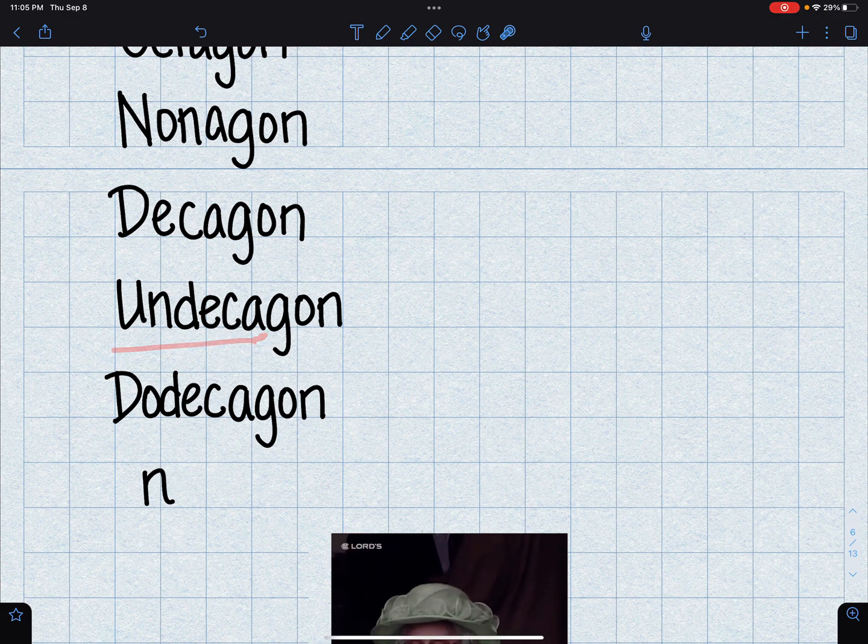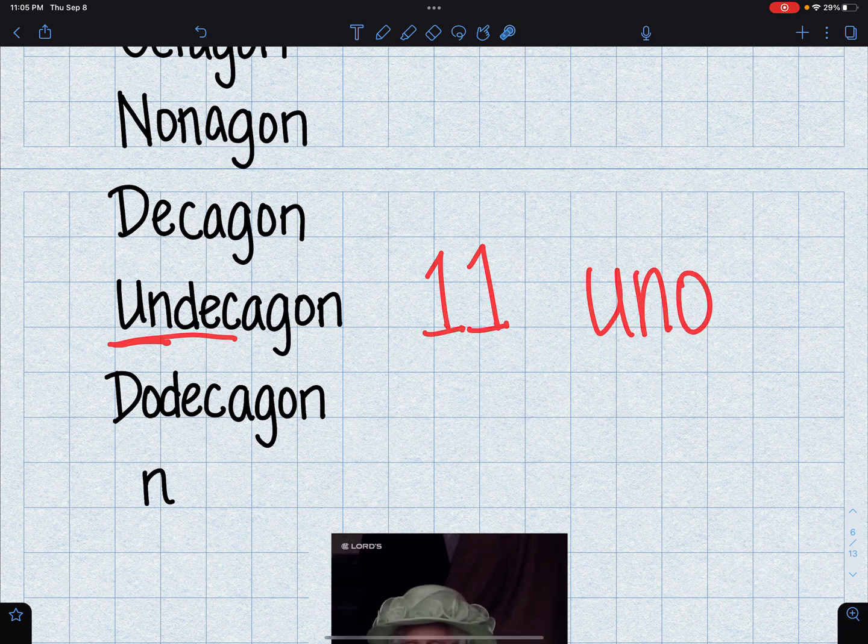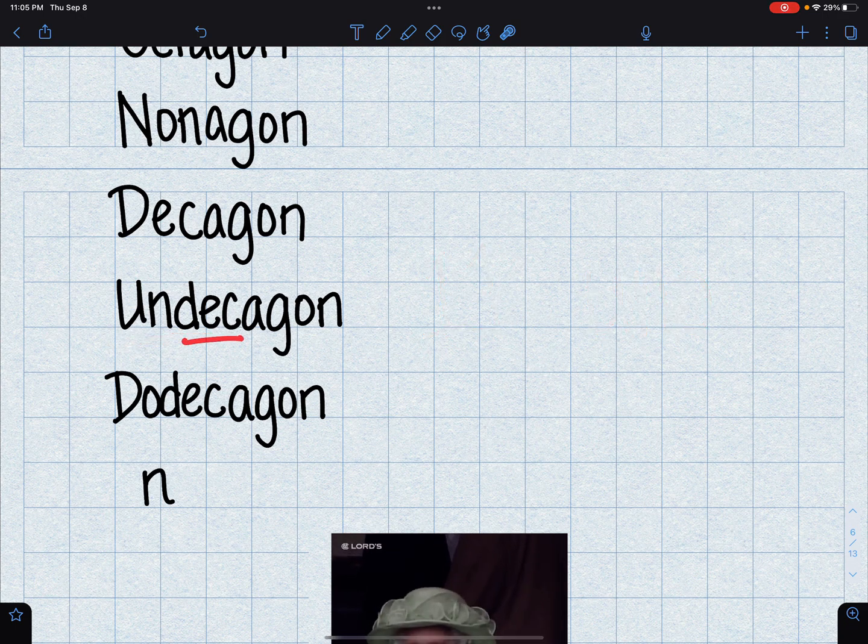An undecagon, the UN kind of means 1 to me. So it's kind of like 10 plus 1, which is 11. So undecagon means 11 sides. And so you can kind of remember undec, like uno is a 1, and then add that to the decagon, which is 10. So it's 11.